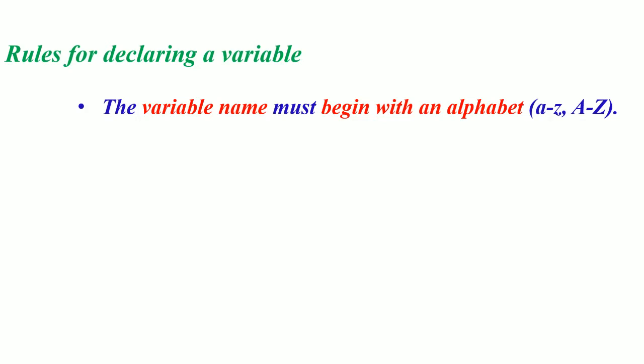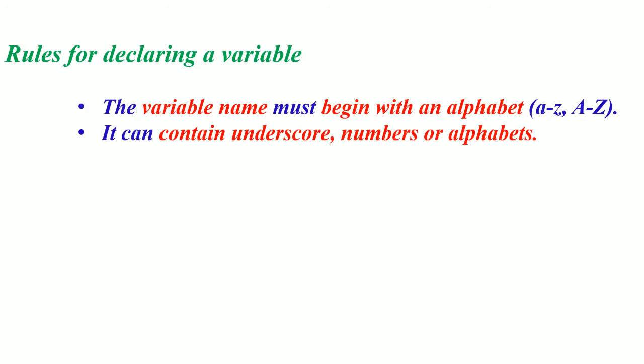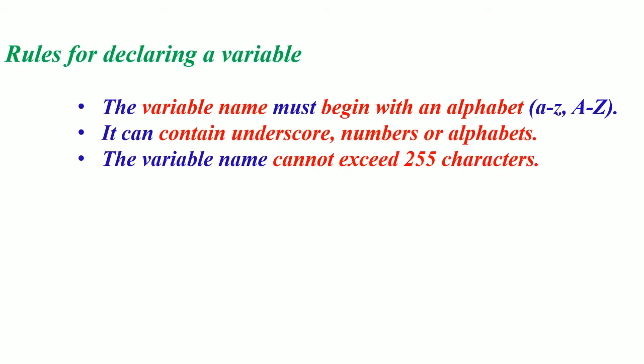It can contain underscores, numbers or alphabets. So the first letter must be an alphabet, followed by an alphabet, underscore or numbers. For special characters, underscore is allowed in a variable name. The variable name cannot exceed 255 characters.